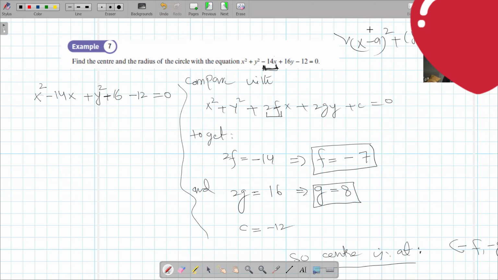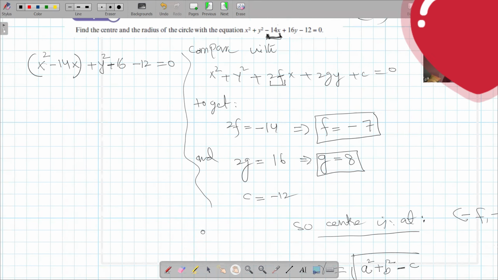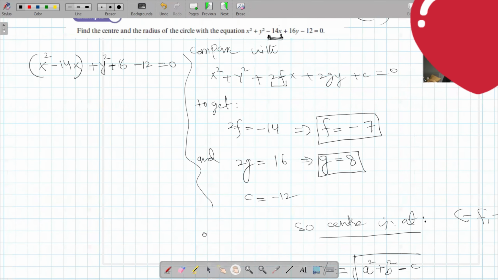So if you want to compare this with the standard form, you need to complete the squares here. If these are the two terms, what should be the third term so that the square will be complete?